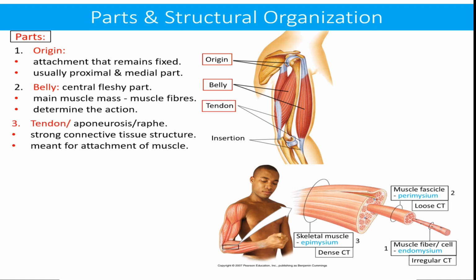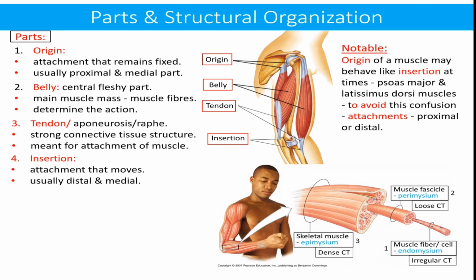Third part is the tendon. It is the strong connective tissue structure which is meant for attachment of the muscle to the skeletal component. Number four is insertion. It is the attachment that moves during the movement and is usually considered to be the distal and medial part of the muscle.